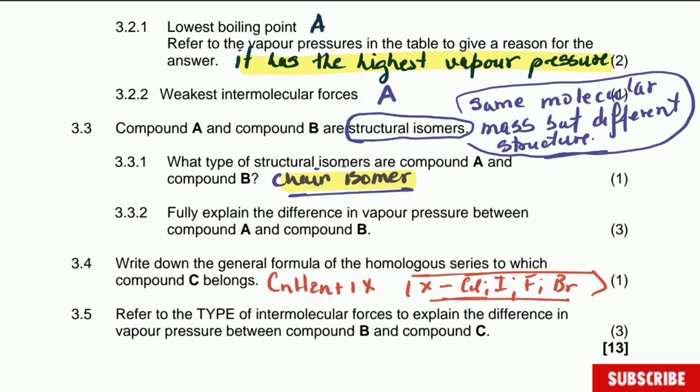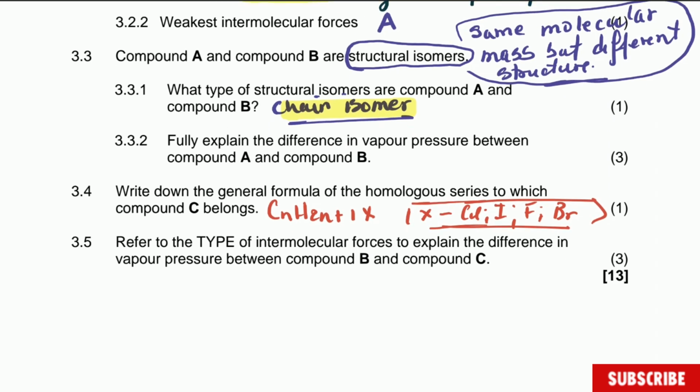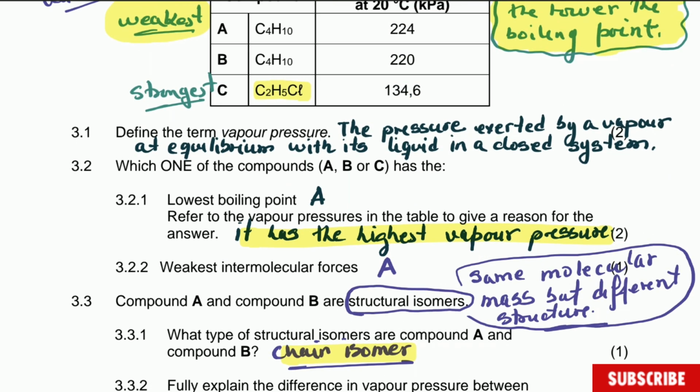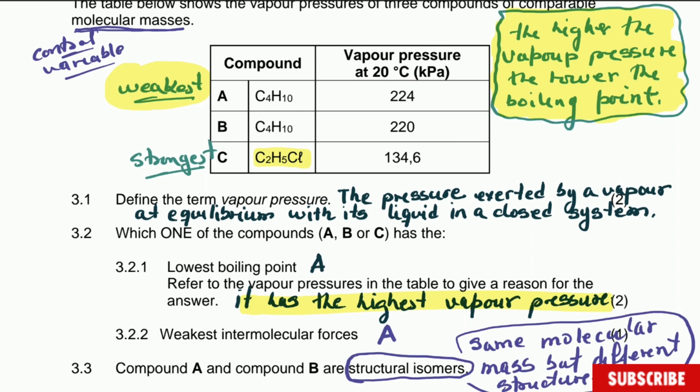And question 3.5, just to finish: referring to the type of intermolecular forces, explain the difference in vapor pressure between B and C. So we go back here, B and C. B is going to be a hydrocarbon. It is an alkane, and therefore it has London forces only.